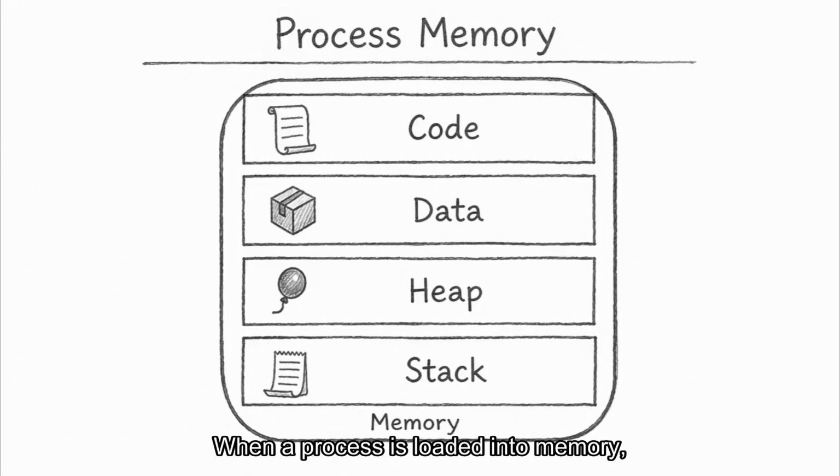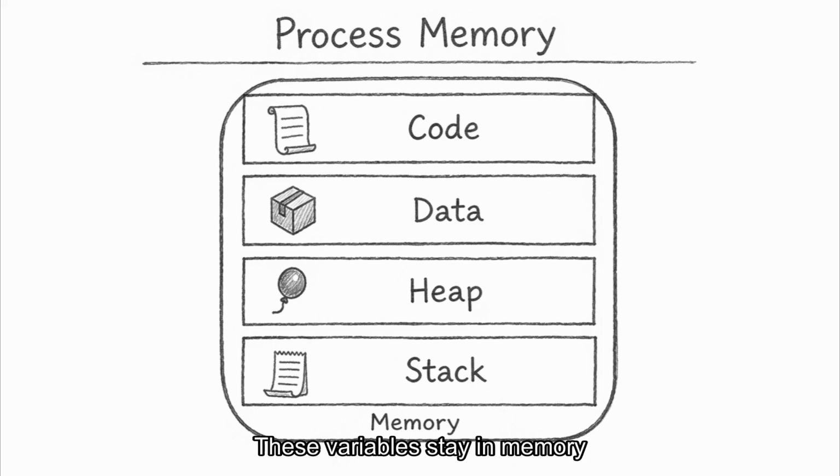When a process is loaded into memory, it can be divided into four areas: code, data, heap, and stack. The code is literally the area that contains the instructions to execute, and in the kitchen analogy, it's kind of the recipe for cooking. The data is an area that stores global and static variables.